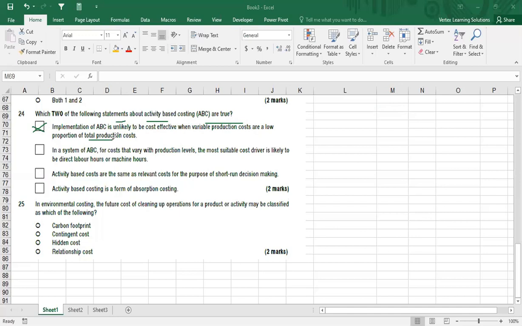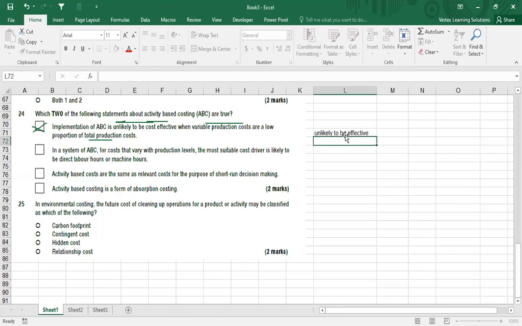It speaks about total overheads. Unlikely to be cost effective means, in simple language, that implementation of ABC is ineffective. It is the style of ACCA that they say unlikely to be effective.